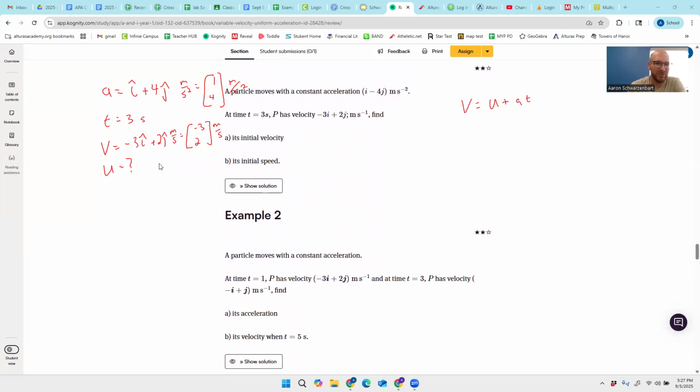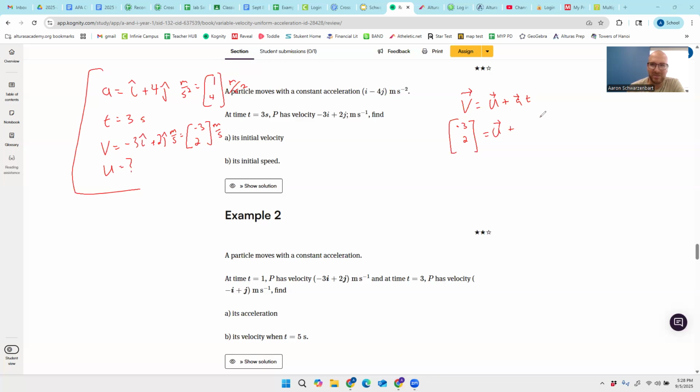So now I've got my knowns and unknowns. Very big key in this process. For the unknown, I usually put a question mark by it. So now I just have to plug it in. Negative 3, 2 equals the U vector. These could all be thought of as vectors.